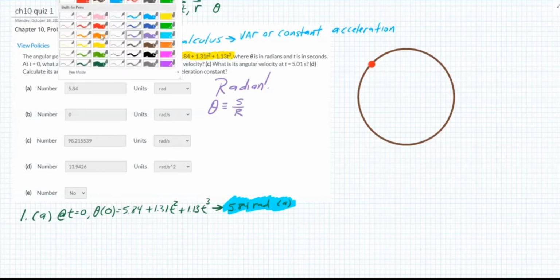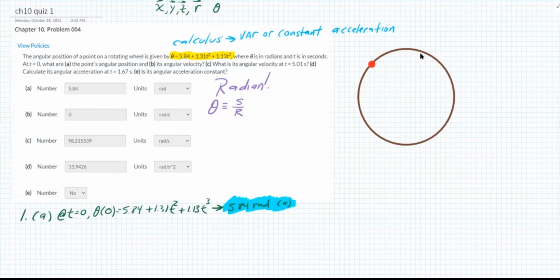S stands for arc length. So I'll just repurpose this circle here. I'm going to trace out an arc length, like right there. So this is S, and S stands for arc length. And here's the radius, and then here's another radius right here. So it looks like a pizza slice.